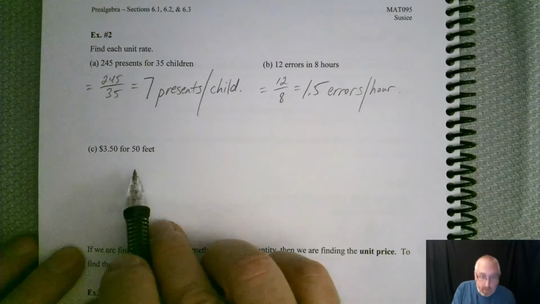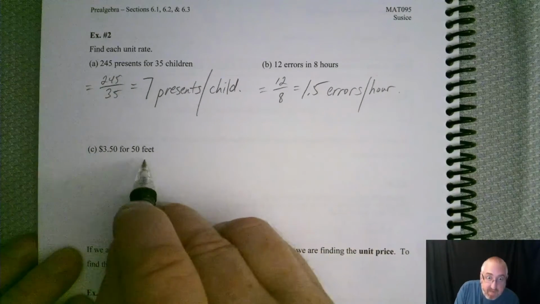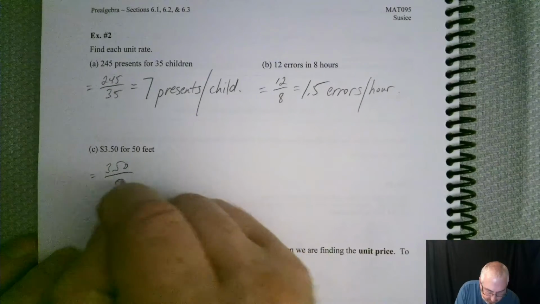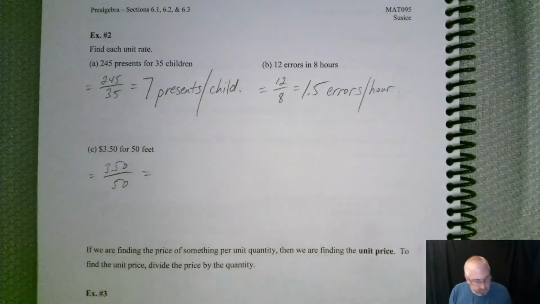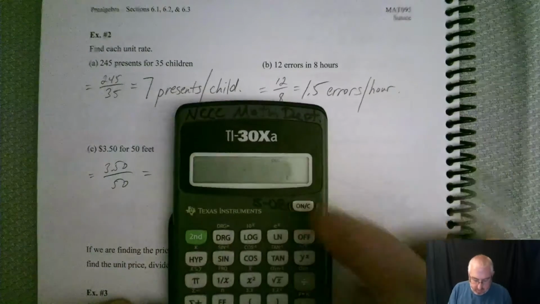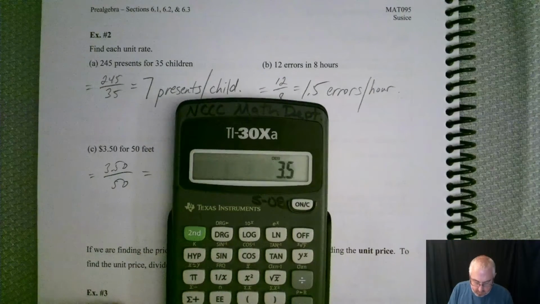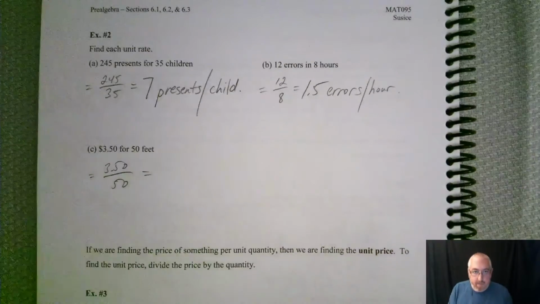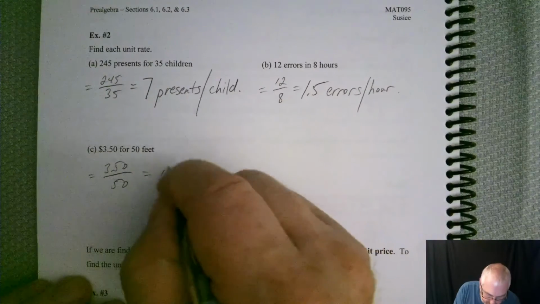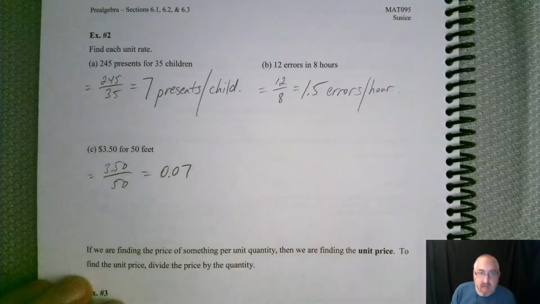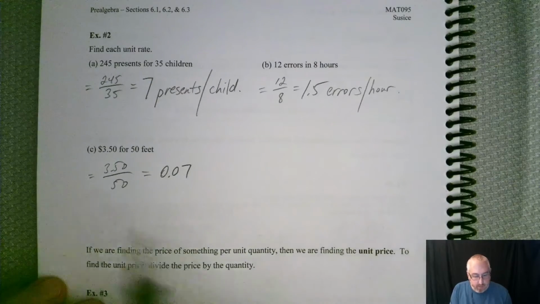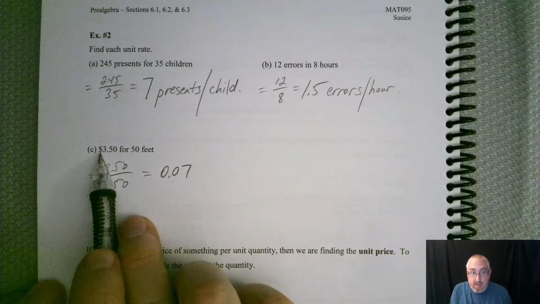Okay, let's try one more. $3.50 for 50 feet. Again, we've got 3.50 divided by 50, which equals, let's do it on the calculator, 0.07. Okay, 0.07 what? Remember, this was dollars.